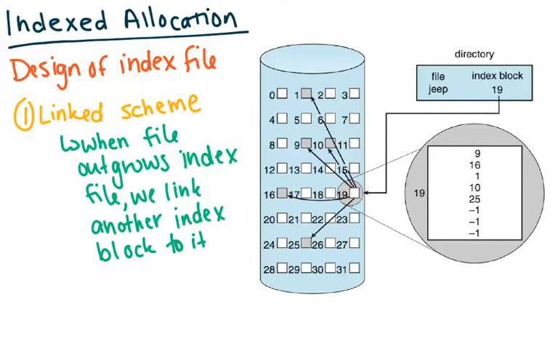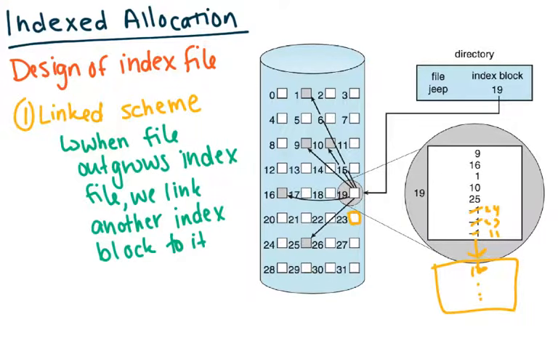So what you can do is, if you make a very small index file, you can actually link different blocks together. So say maybe make this the overflow block. You can link this to it, and then you can continue on. So if all of these already fill up, then you can link another block to it, and you can continue.